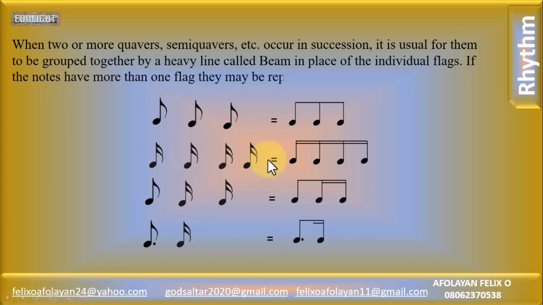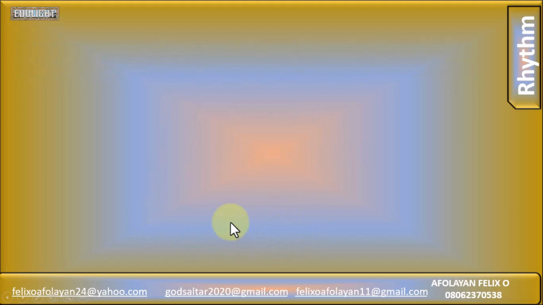If they have more than one flag, like the ones we are seeing here, they may be replaced by an equal number of beams. Here, this is a flag. It's going to be written like this together. This having one flag, two flags, two flags is going to be written like this. Having a dot and two flags and one flag is going to be written like this. I think that one is clear.